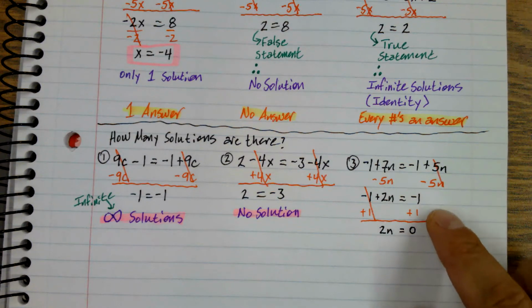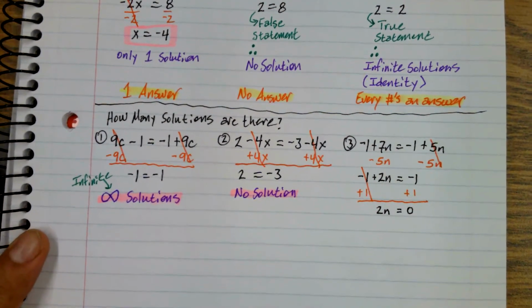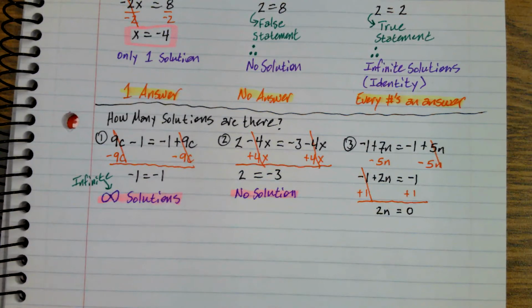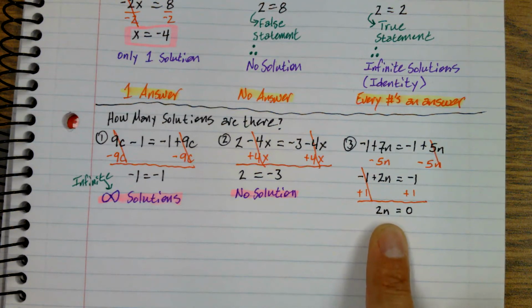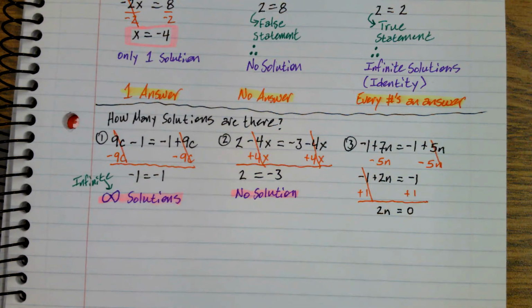All right, negative 1 and 1 make 0. So, okay, hold on a minute. This looks like we've been here before though, right? Think about your math equation. 2 times something equals 0.